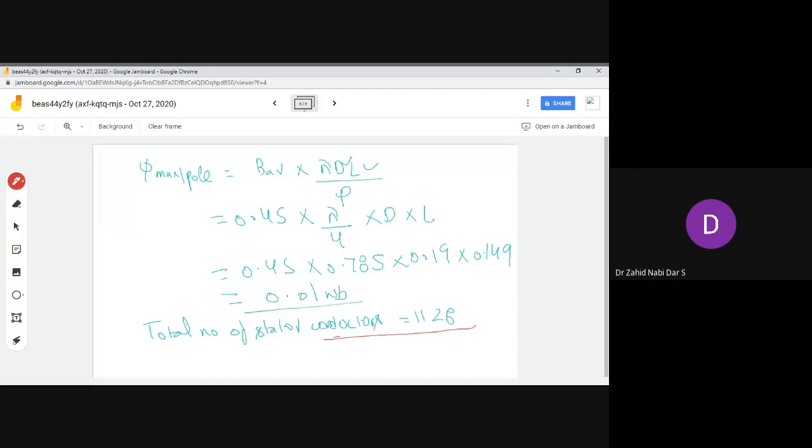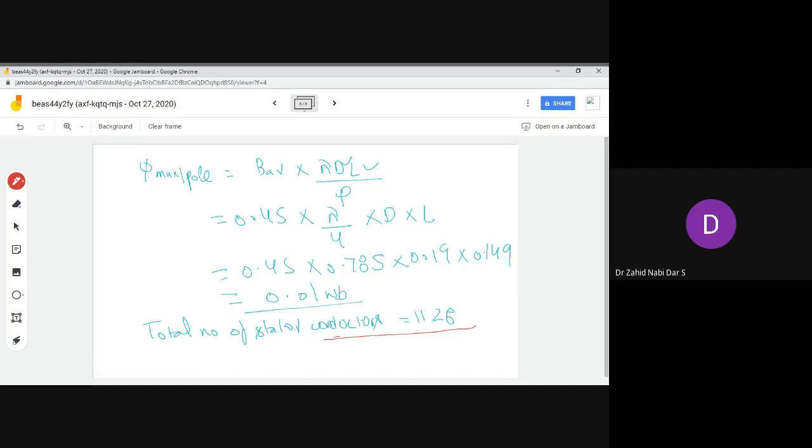This is not taking the other mechanical properties, windage losses, stray losses into account. So the number of stator conductors actually required would be a little more compared to what we calculate by converting electrical quantities and magnetic quantities into mechanical quantities. This is how you really go about the calculation.